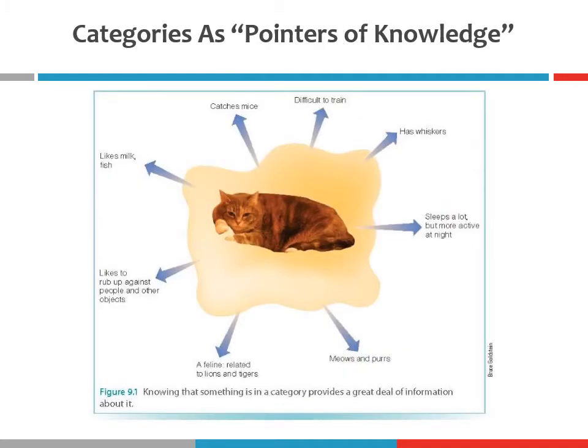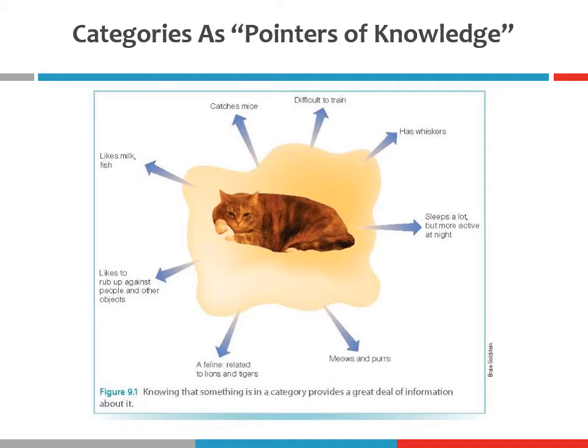Okay, so one of the other most important functions of categories is that they are what's called pointers of knowledge. They help us understand individual cases we have never seen before, right? So for example, being able to say that a random furry animal is a cat is going to provide you with a great deal of information about it.